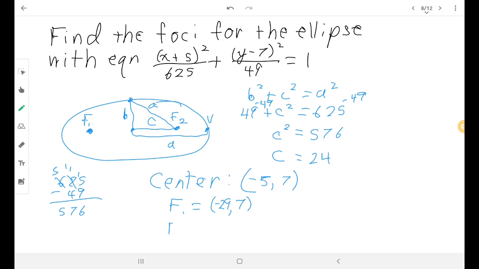On the other hand, if I want to go to the focus point in the positive direction, that one right there, then I need to move this 24 in the positive direction. So I'll do -5 plus 24, which is 19. And of course the y value stays 7. So there are the foci right there.